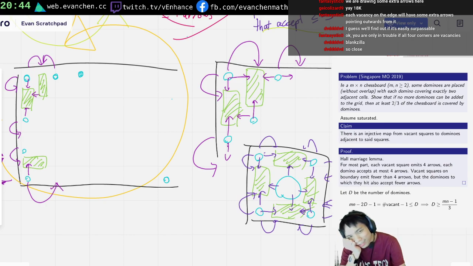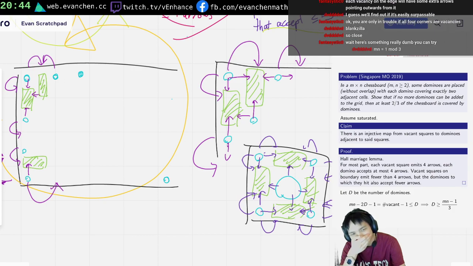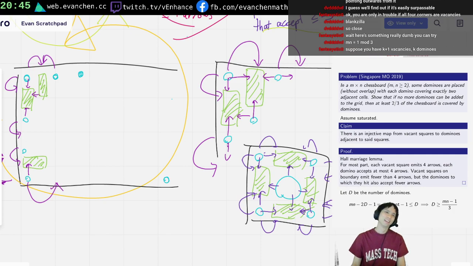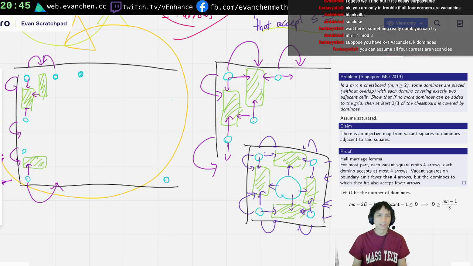Okay, that's still not good enough to save me from integer rounding, right? The problem case is mn equals 1 mod 3. Oh, no. Okay, suppose I have k plus 1 vacancies and k dominoes. Okay.